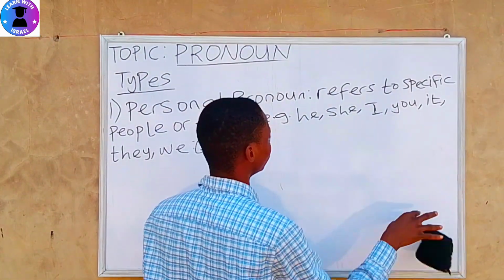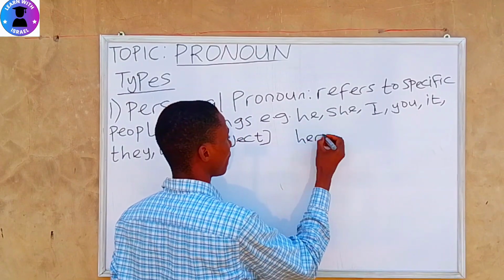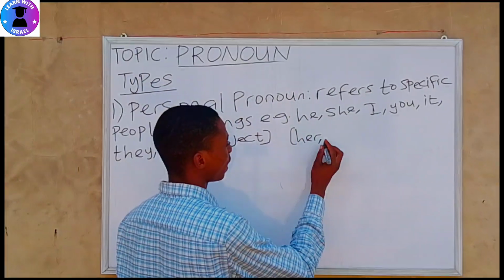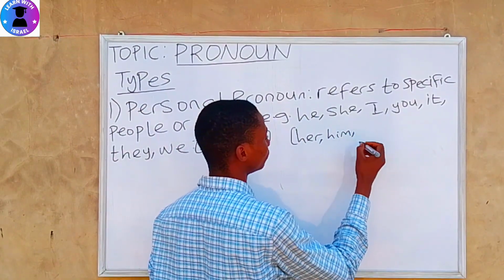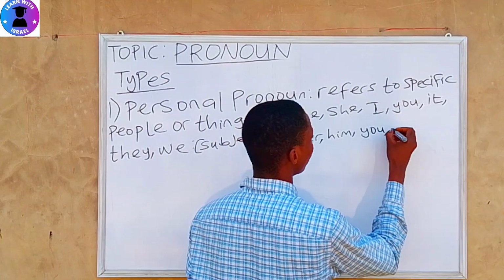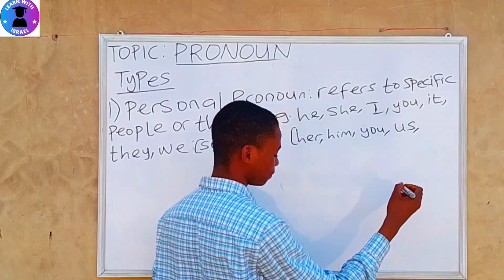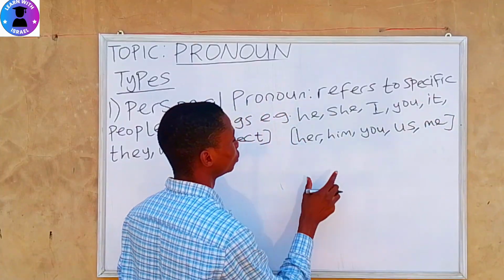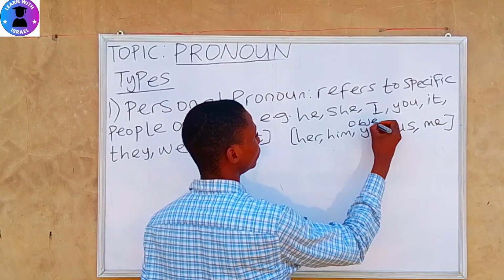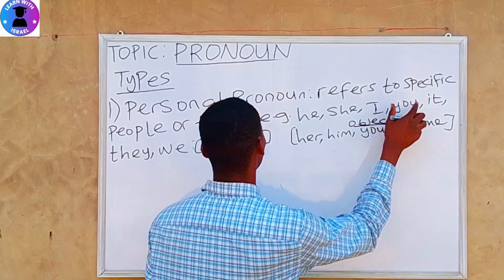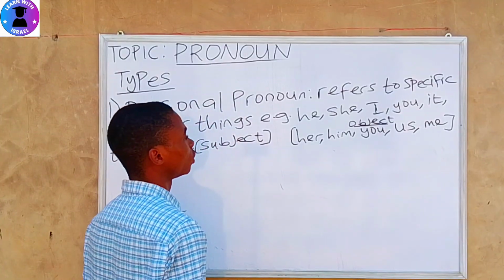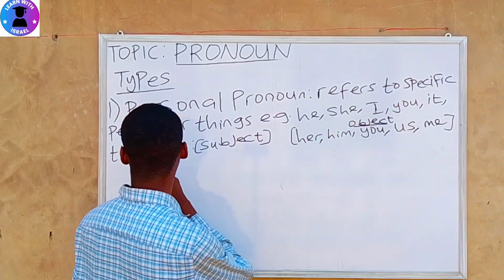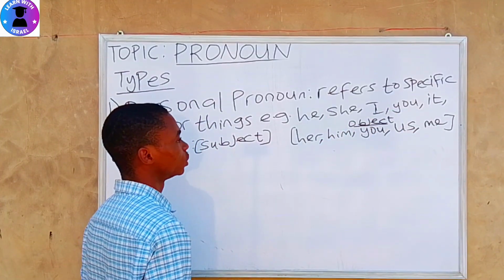So for object, we have her, we have him, we have you, we have us, and we also have me. So this is used for object. And these are used for subject: he, she, I, you, it, they, and we.